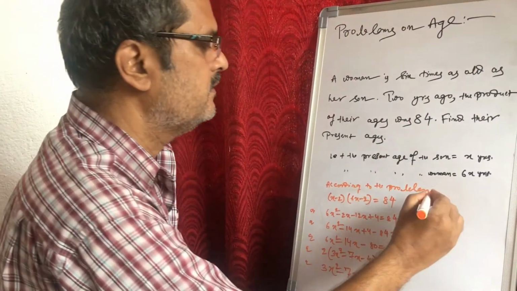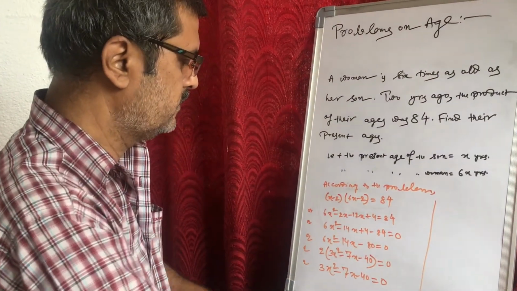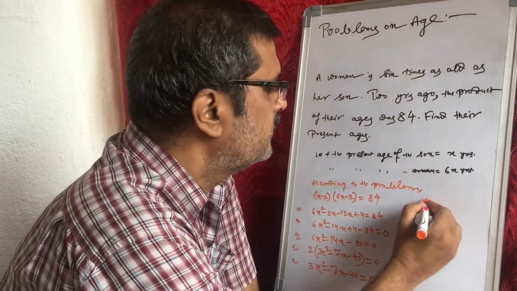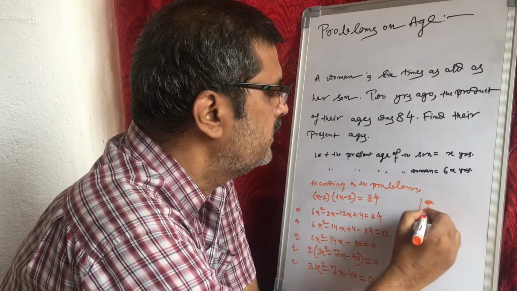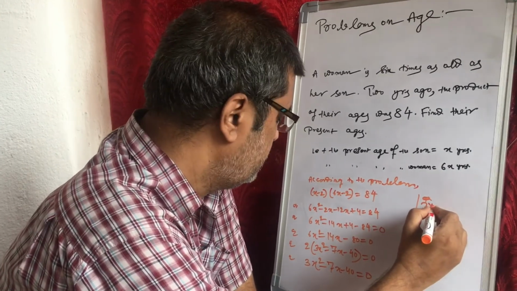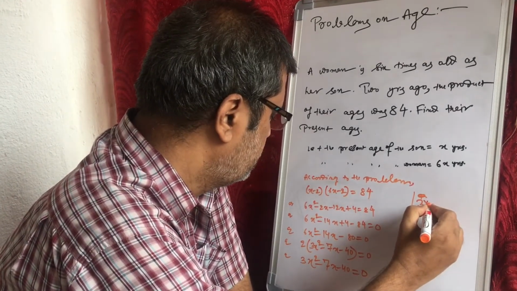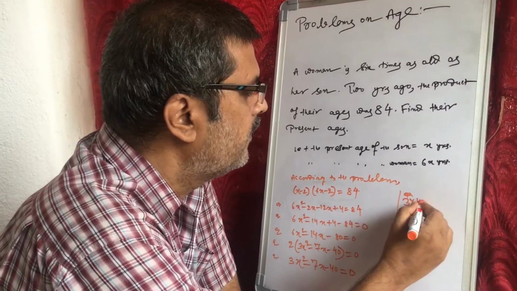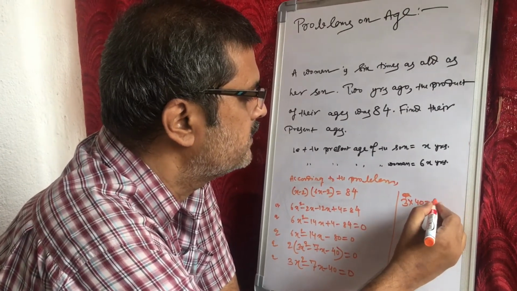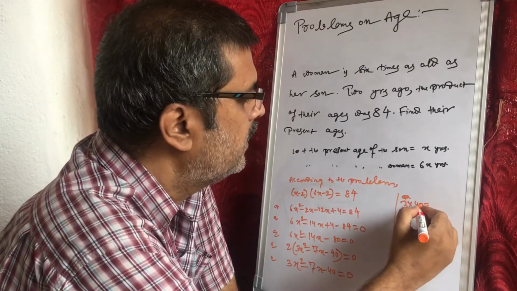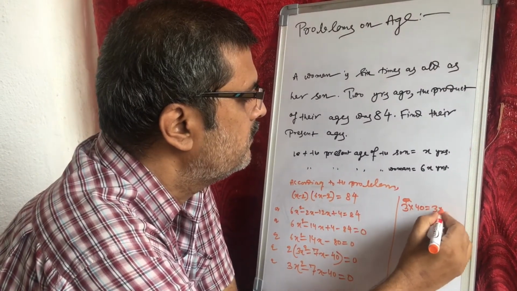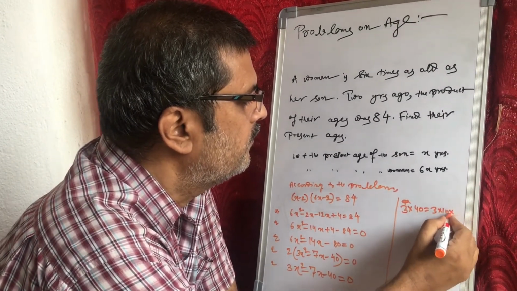Now see, 3 into 40 is equal to what? 3 into 10 into 4.